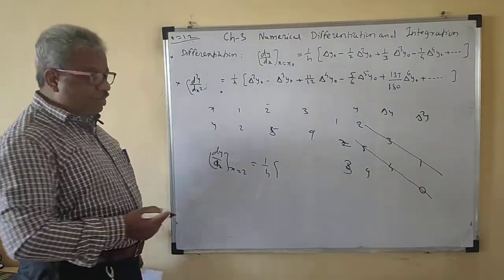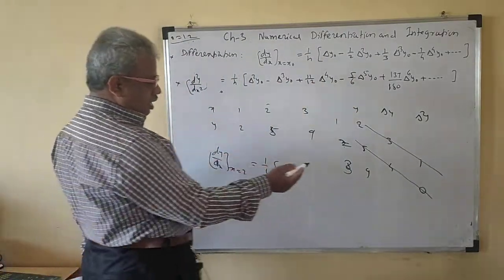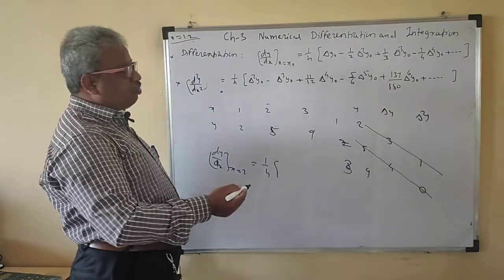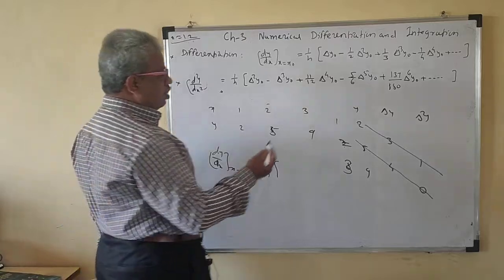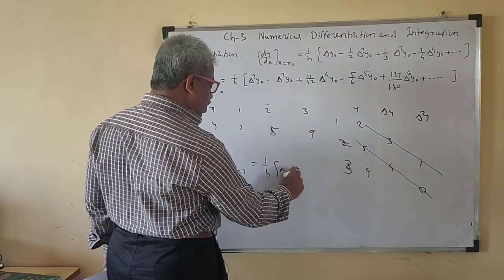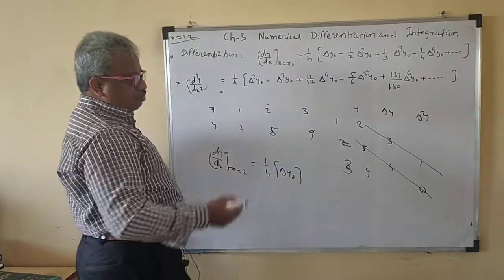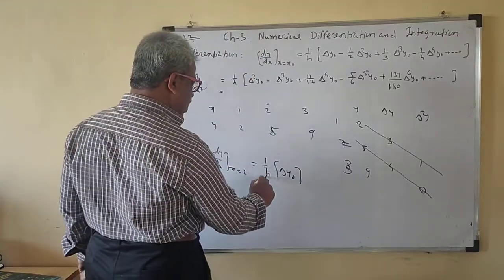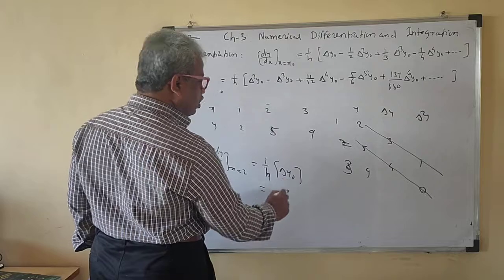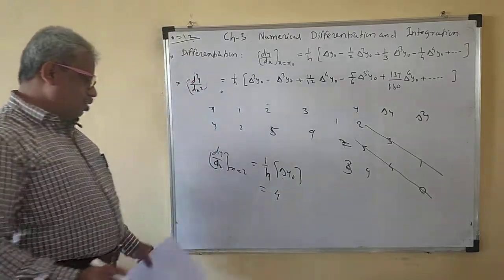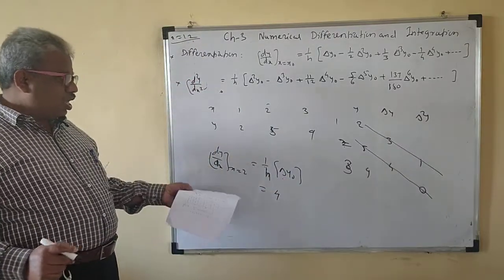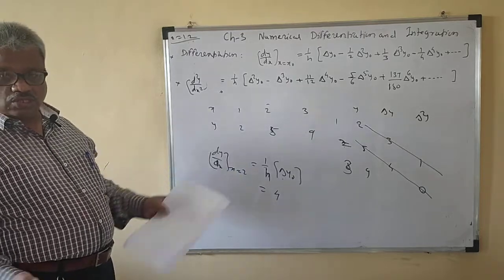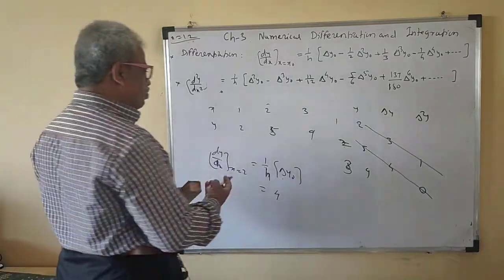Now your second derivative is 0, second difference is 0, so only you have to write the formula for the first order difference, delta y naught only, because del square y naught is 0 now here. So this is 1 by h, so it is 1. So this one difference is 4. So dy by dx at x is equal to 2 is 4. And obviously d2y by dx square at x is equal to 2 will be 0. Okay. So very simple problem solving.